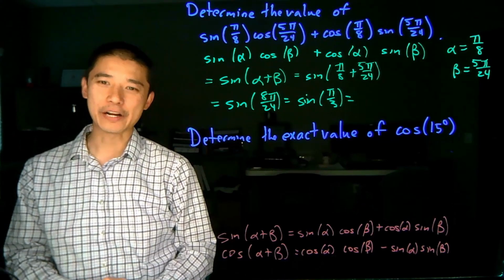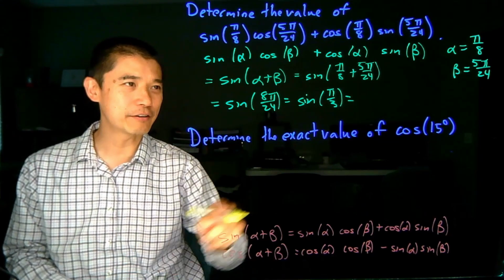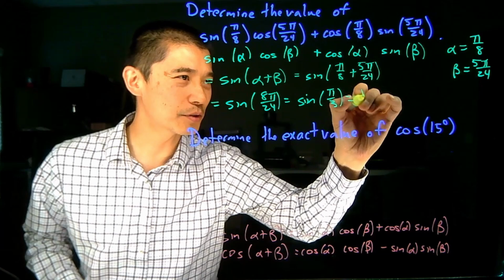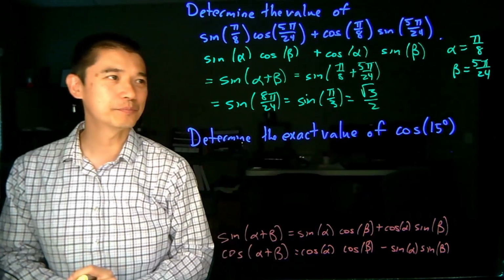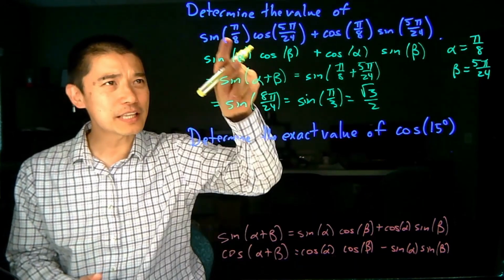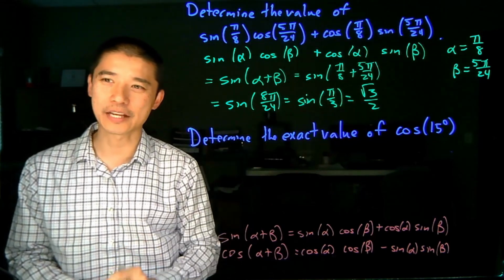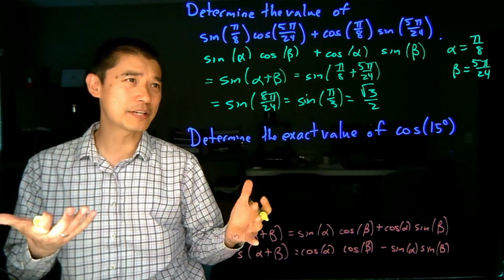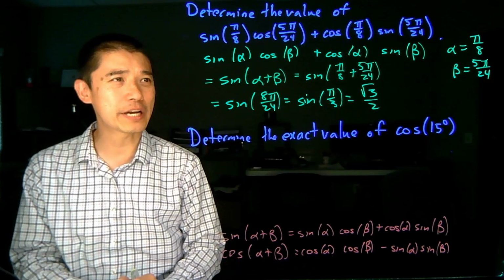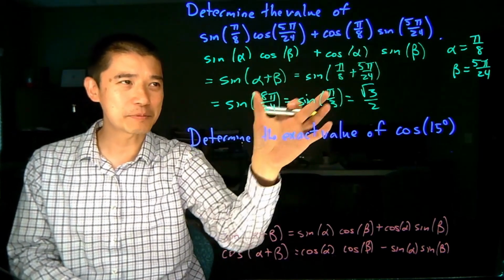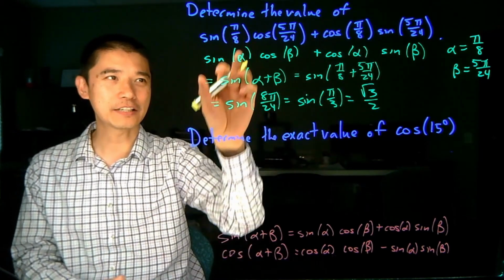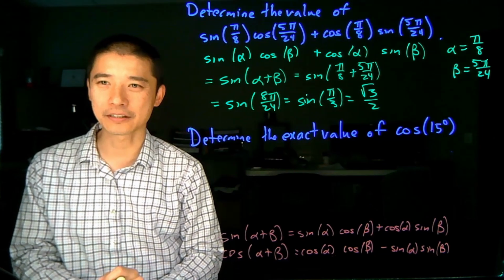And if you remember your values from the unit circle diagram, we know that this is actually equal to the square root of 3 over 2. This is a little bit surprising, that this whole mess comes down to something that we're actually familiar with, but that's just because of how these formulas work out. By making the substitution and recognizing the patterns, we can determine what that value is.